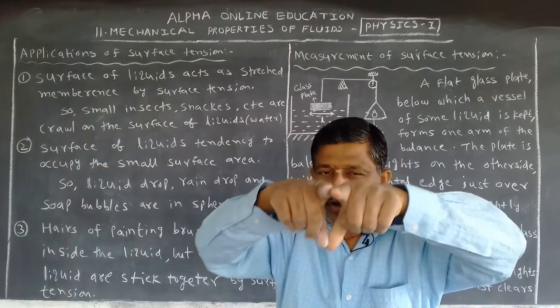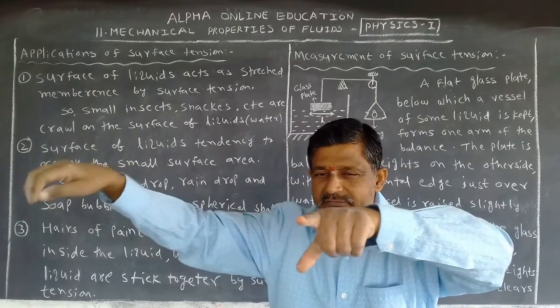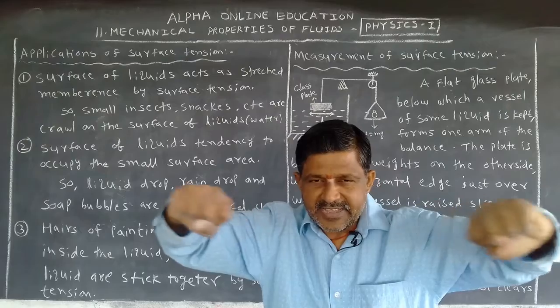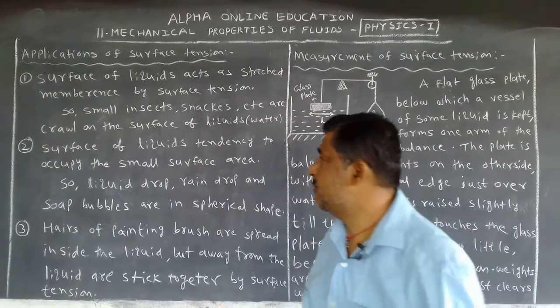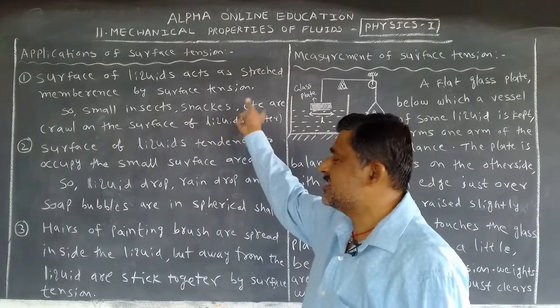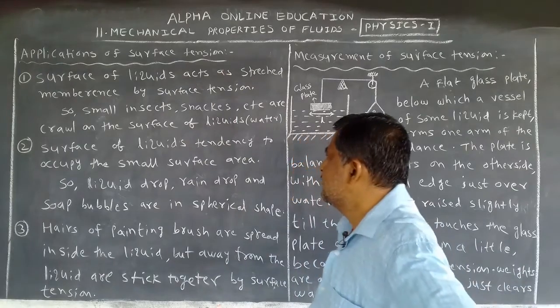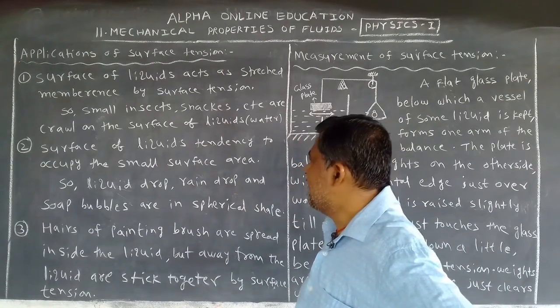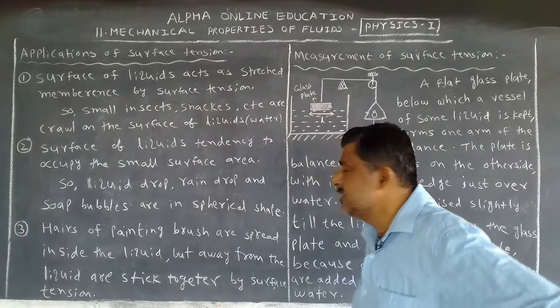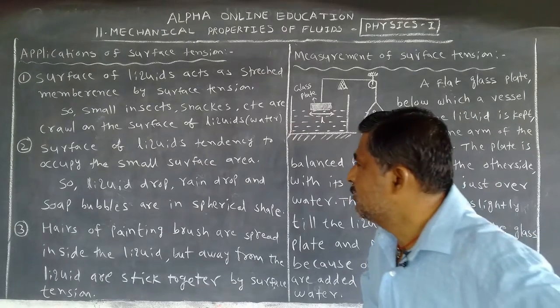Why? One normal line is drawn, with force on this side and force on this side. The surface of the liquid acts like a stretched membrane by surface tension.